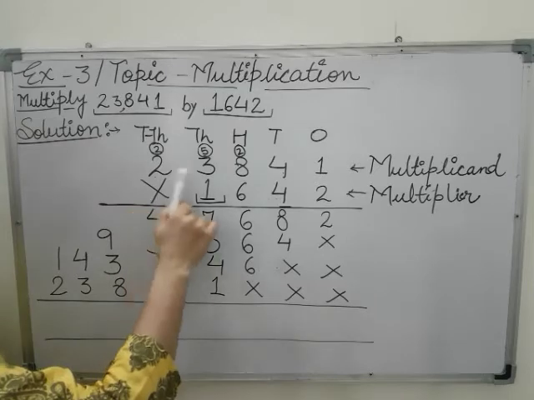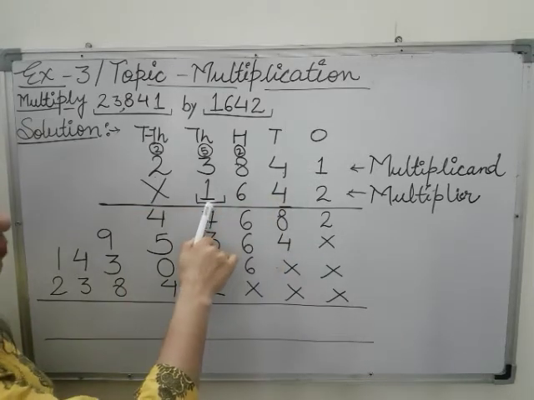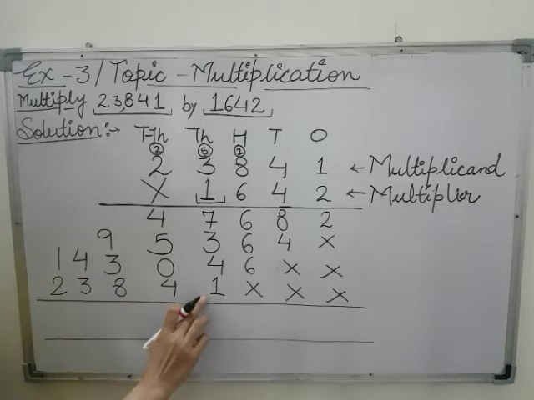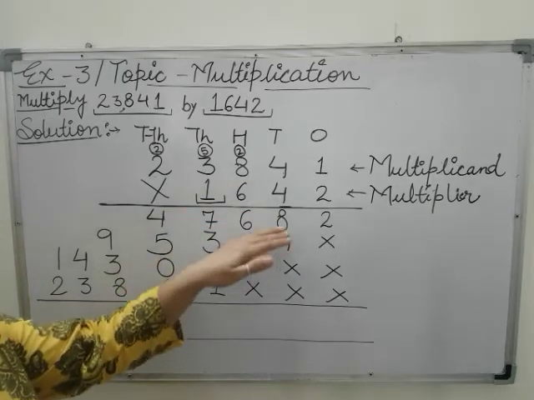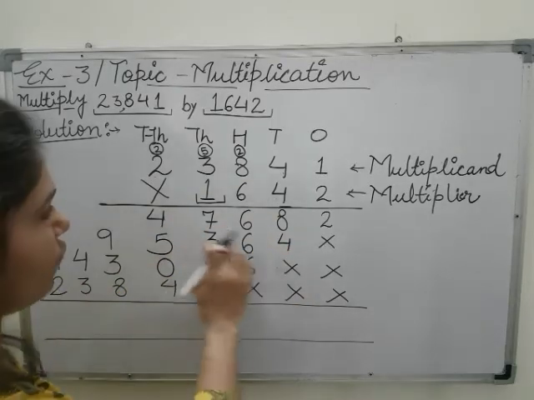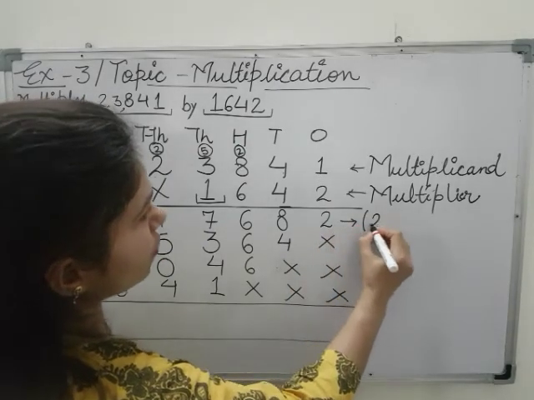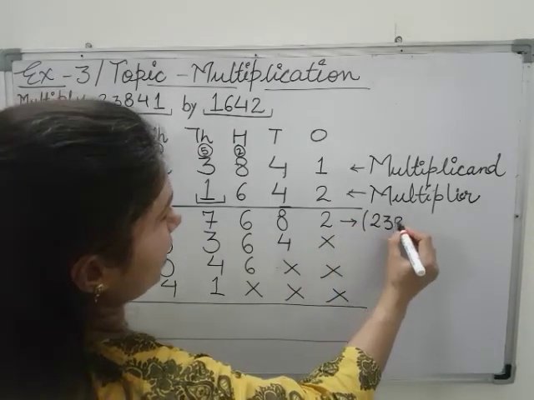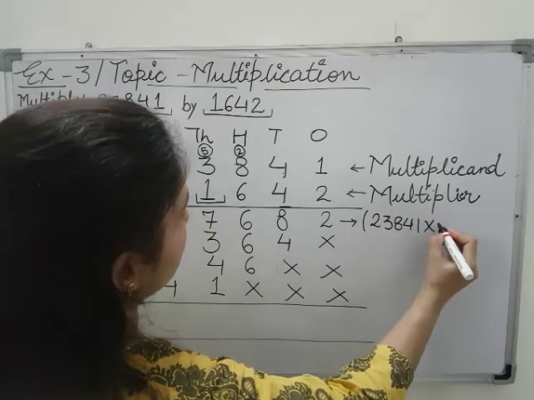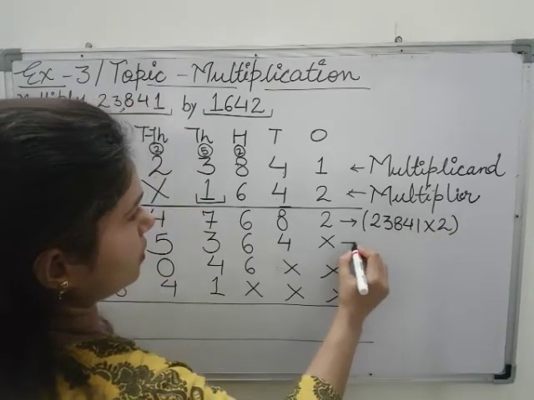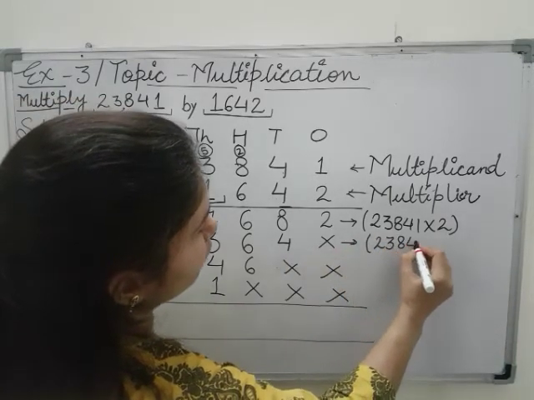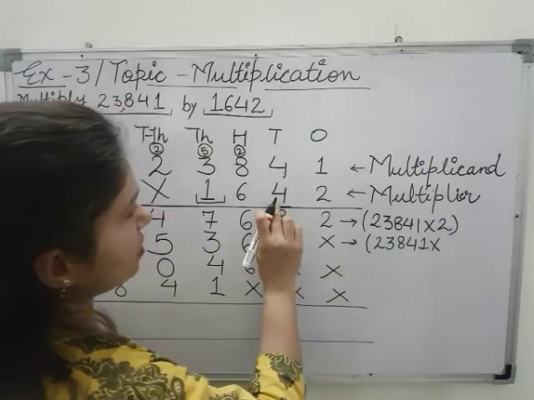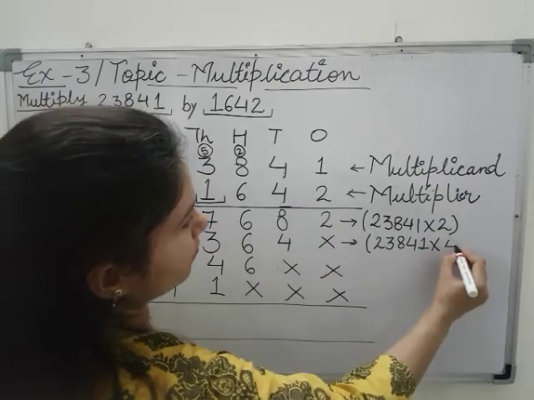Here you can see that when we multiply a large number with 1, we get the number itself. Here 23,841 and we got 23,841. Now we got 4 products. The first product is the product of 23,841 with 2. And the second line is the product of 23,841 with the tens place, which is 40.